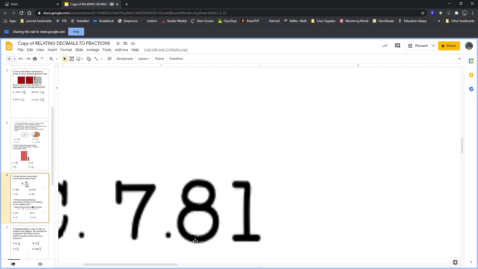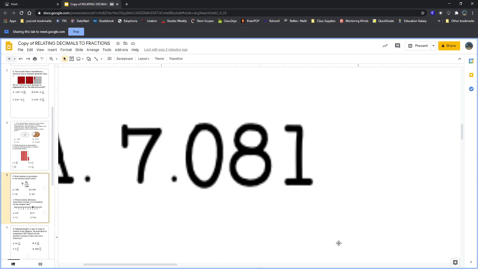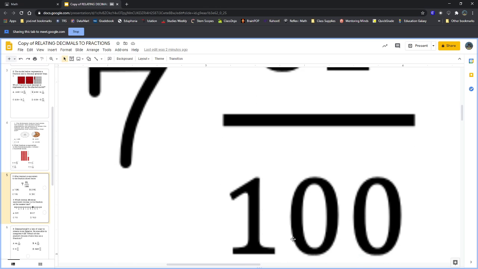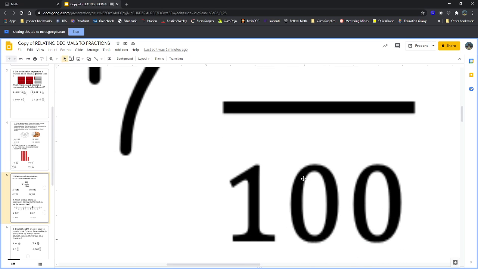So this would be a tenths place. This would be a hundredths place. Oh. Okay, I see. If I look at my fraction, 81 out of 100. Remember, the denominator, the bottom number, tells you what place value to use.